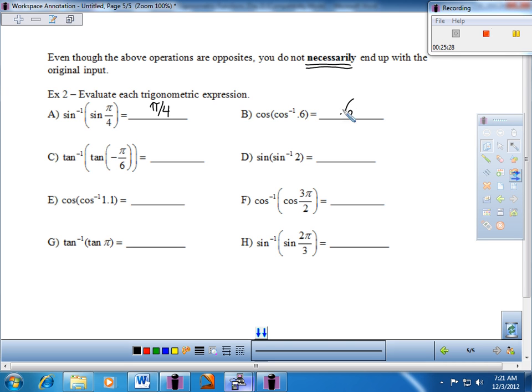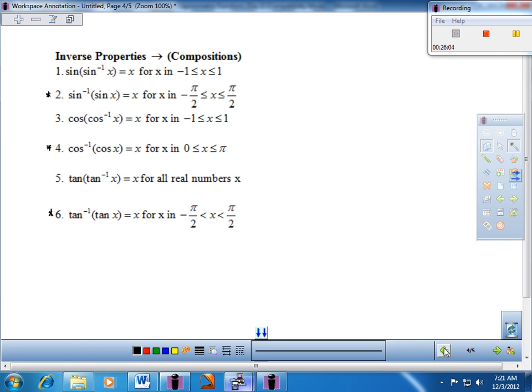Okay, letter C. Let's take a look at this one. Inverse tangent, tangent, -pi/6. These are opposite operations of one another. They should undo one another, and we would be left with what we started with. But that only works if -pi/6 is in the right interval for tangent. So think about the interval for tangent, of course. Let me go back to my screen here.